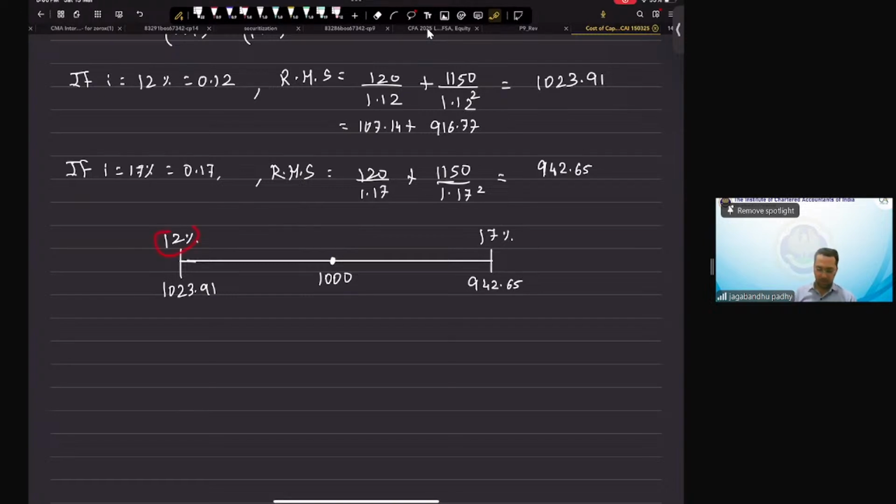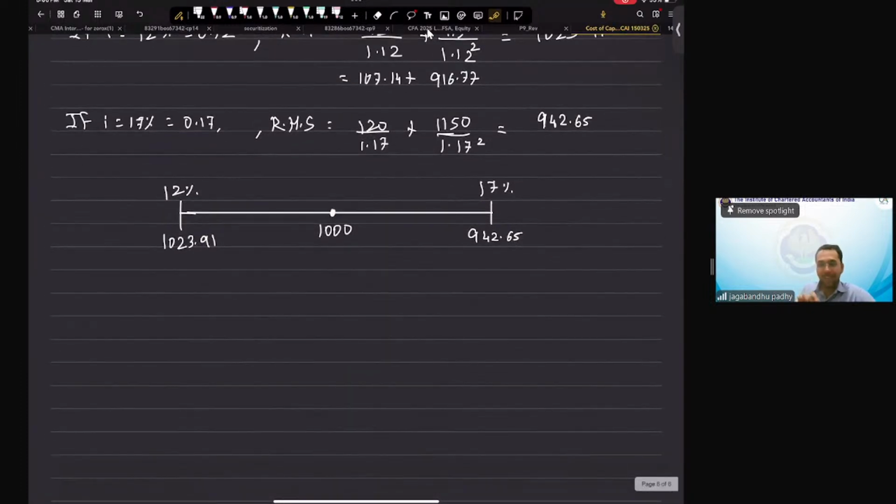Can I say it is lying between 12% and 17%? Yes, somewhere in between 12 to 17. We need not take the average directly, but it lies within that range of 12 to 17%. Am I right, guys?